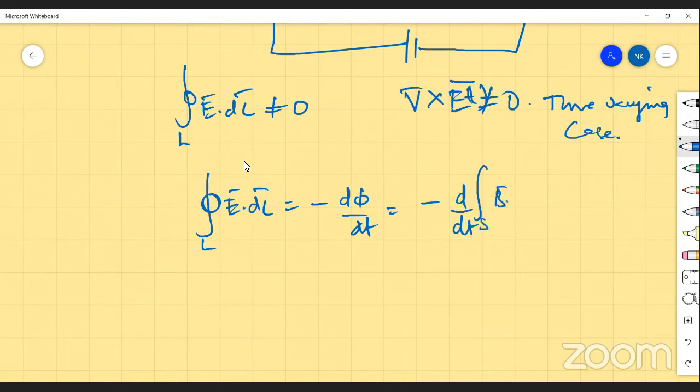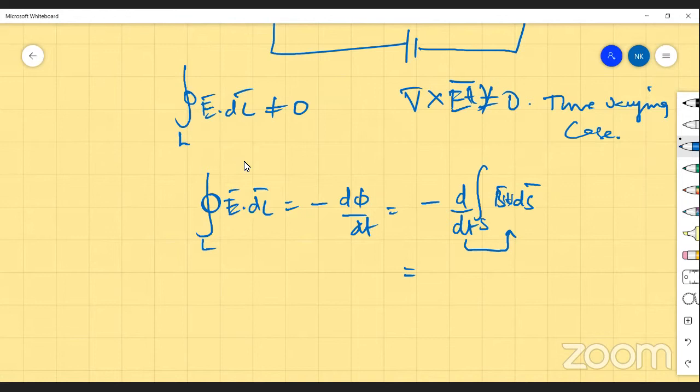The surface integral B bar dot ds bar. When d by dt goes inside, we don't know whether it is a function of t only, or also a function of x, y, z.